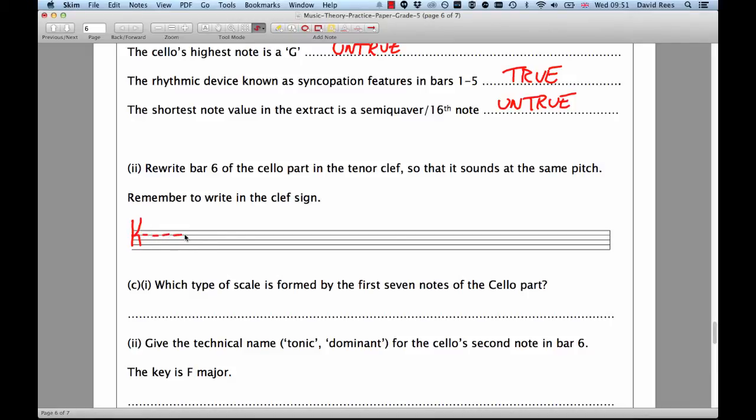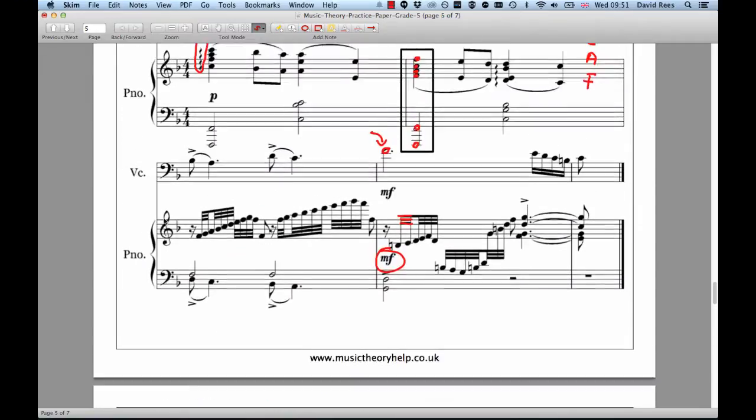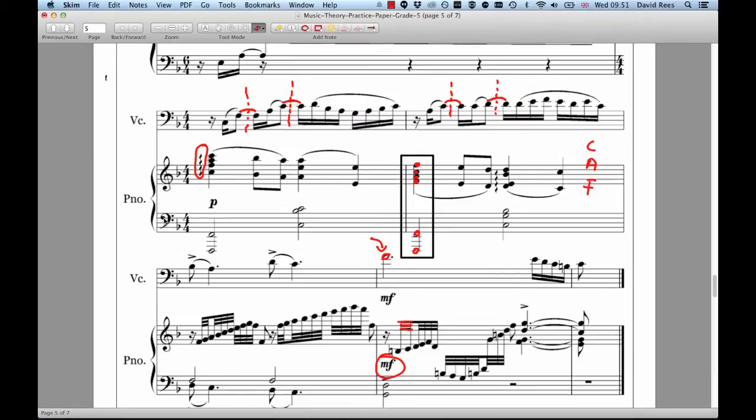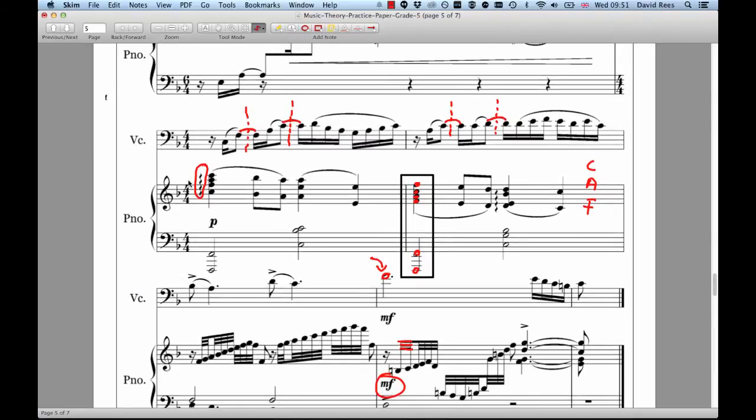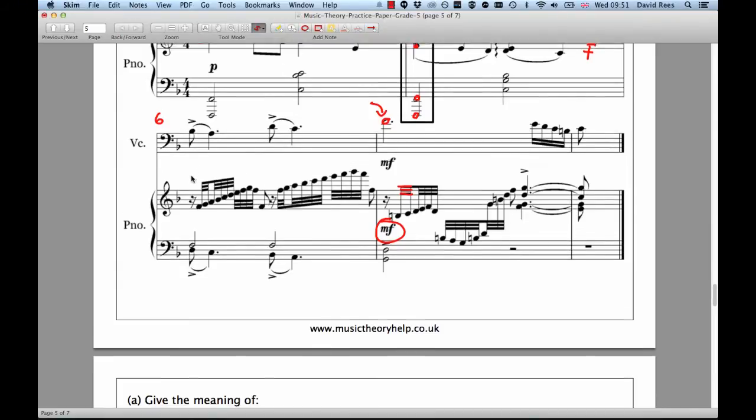And then we can use that information to help us work out where we need to put everything else in the music. Probably the first thing we should do, if we're being really accurate and detailed, is to add in the key signature. So we're working with bar 6, and it's only got 4 notes in, which is good, but we do need to add in a key signature.